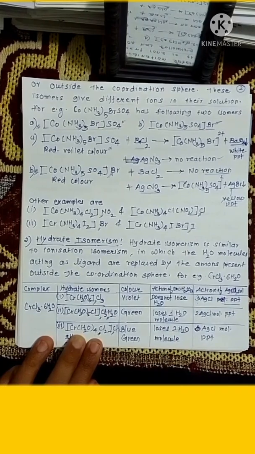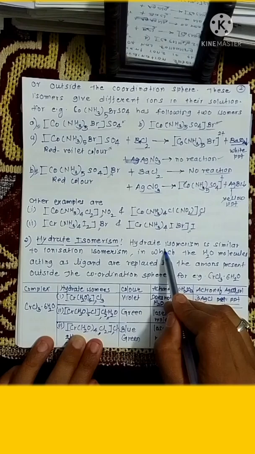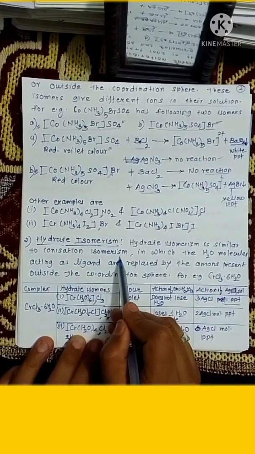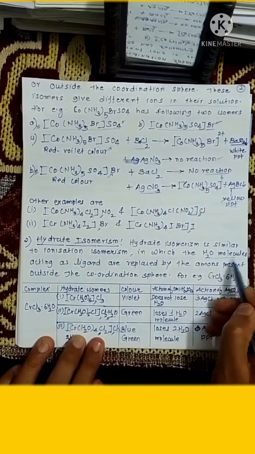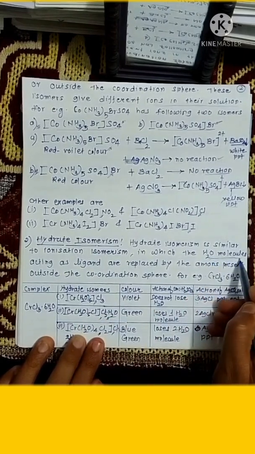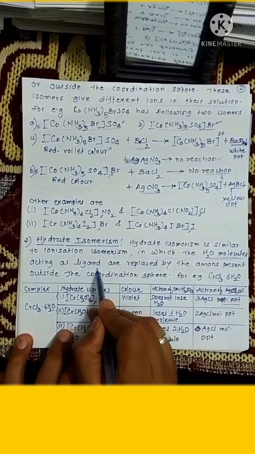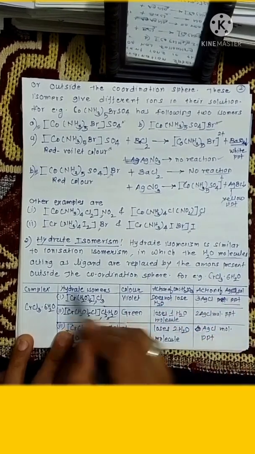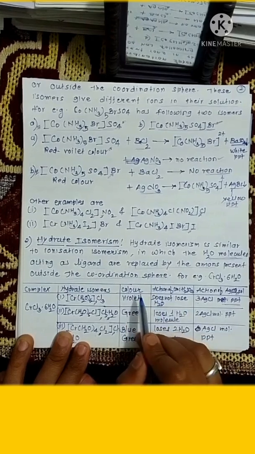So now we are going to see hydrate isomerism. Hydrate isomerism is similar to ionization isomerism, in which the water molecules, it is important, acting as ligands are replaced by the anions present outside the coordination sphere.